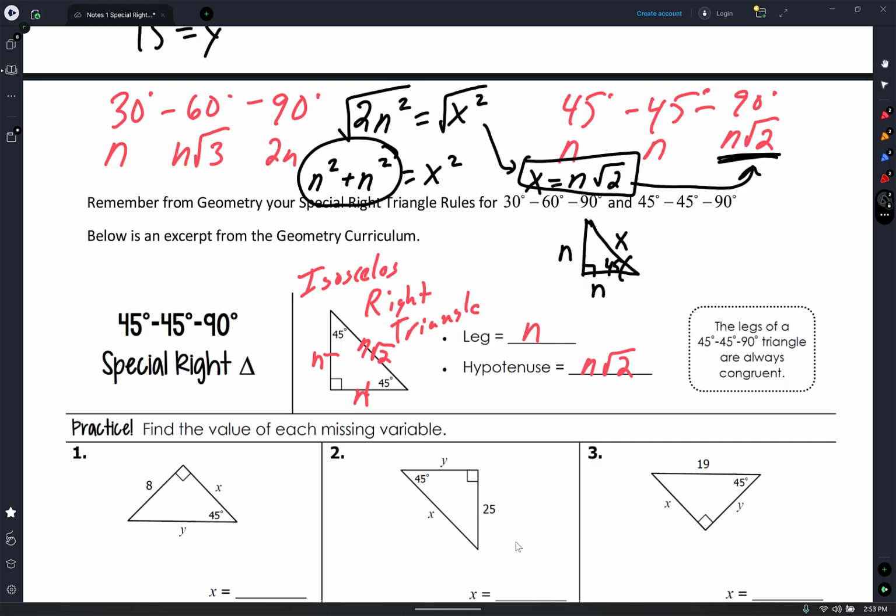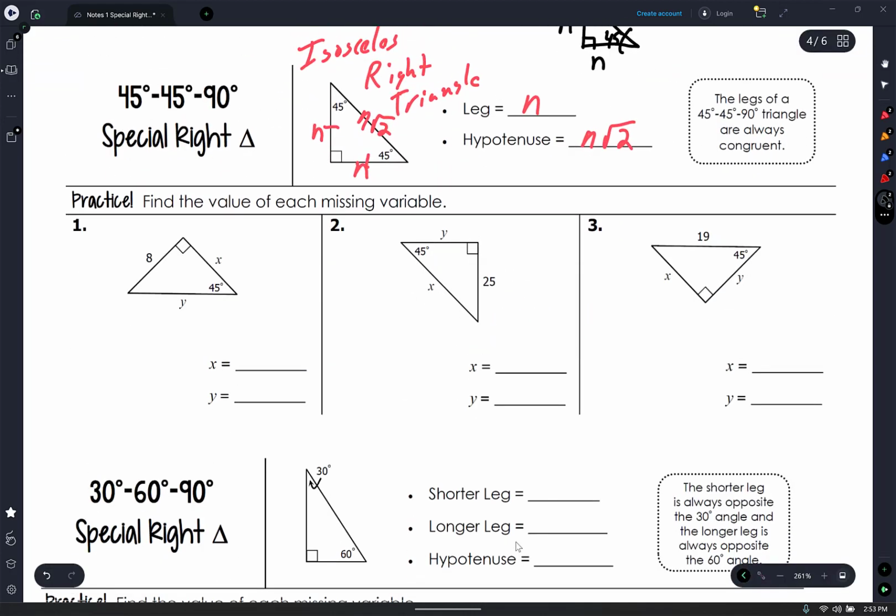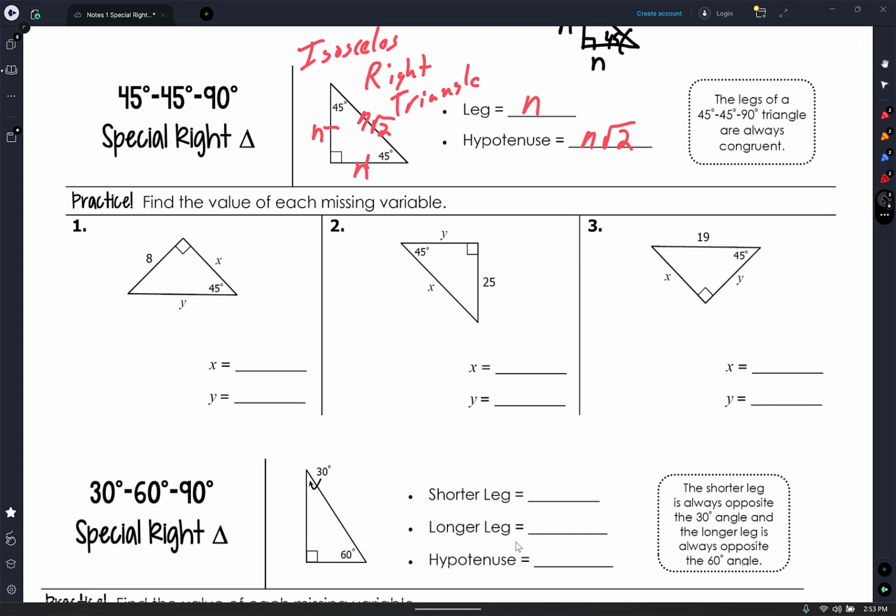Cool or not cool? Now, if you want, look at number 1. You could just do the Pythagorean theorem all the time. That's 45 degrees. This is 45 degrees. So x must be 8. And then to find y, you could do the Pythagorean theorem.